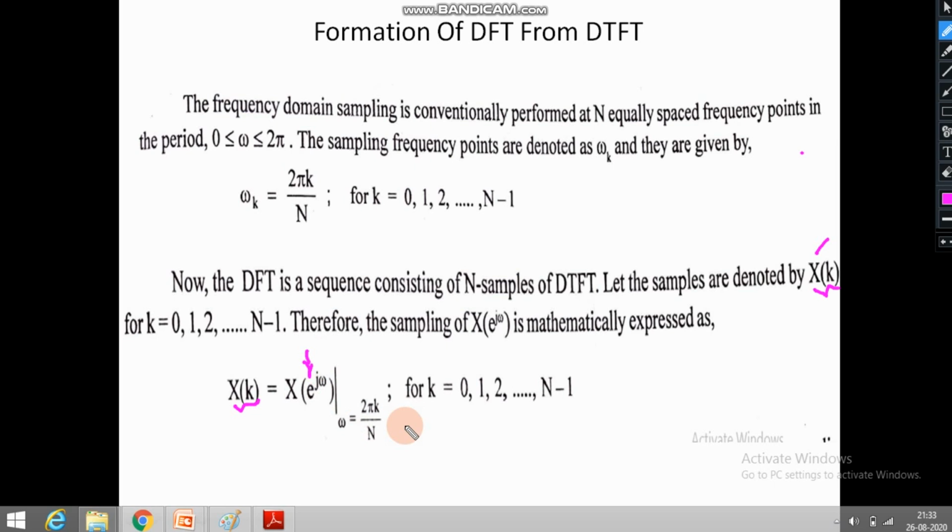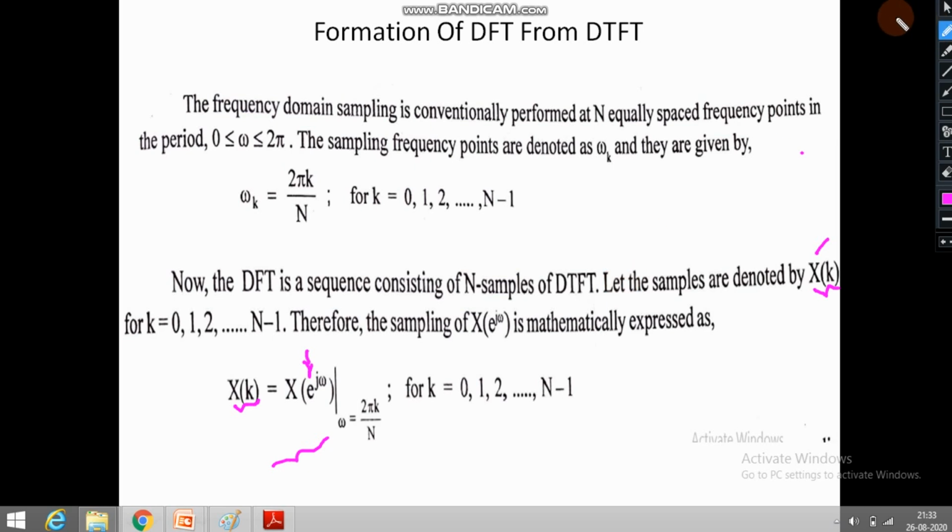So this explains that the DFT, that is X(k), is the samples of the DTFT of x(n), where the sampling is done at a sampling interval of 2π/N, and the sampling frequency points are given by ω equal to 2π/N into k.